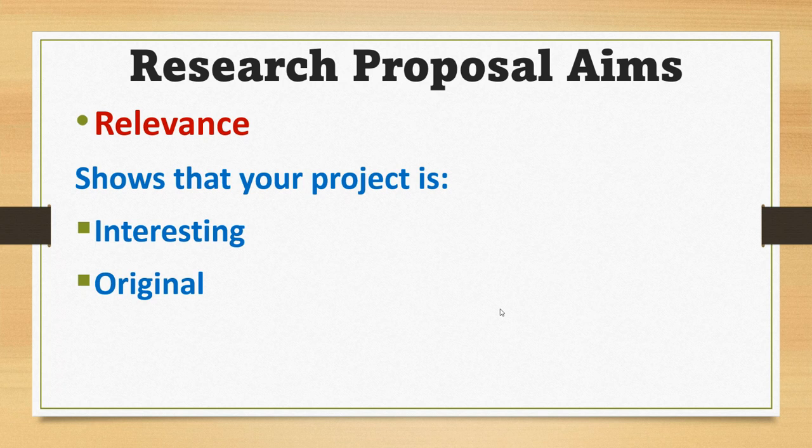And make sure, this is the critical point of a research proposal, that if you are going to do a research project on a serious note, then your research project and your research topic should be original. And the most important thing is how relevant this project is to your area, that is, how this project can contribute to your respective subject area.